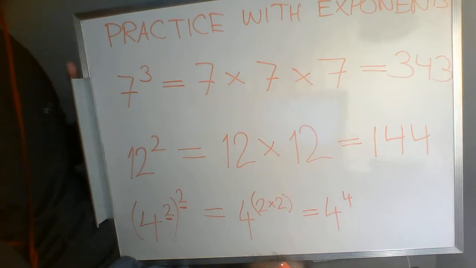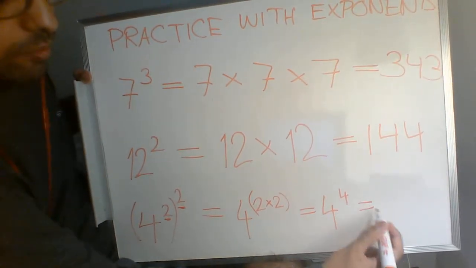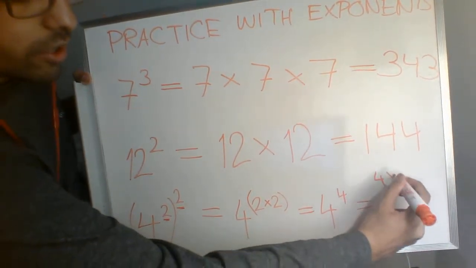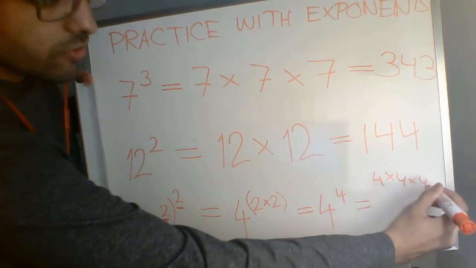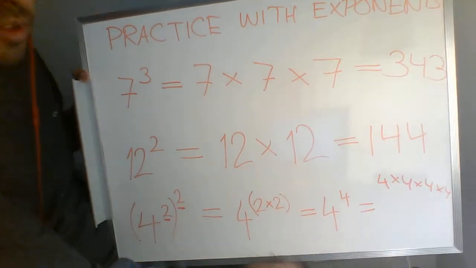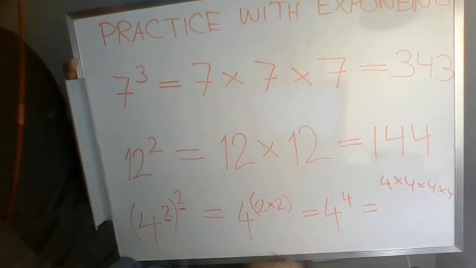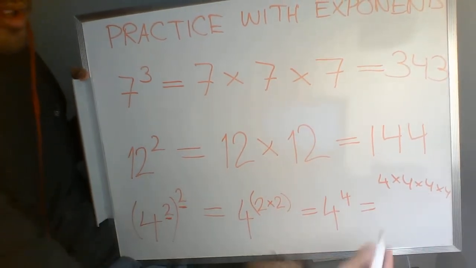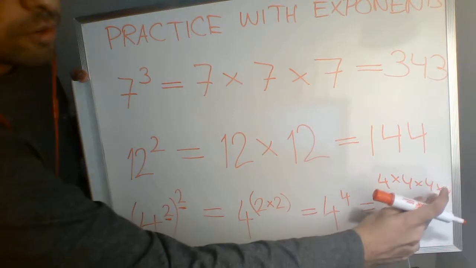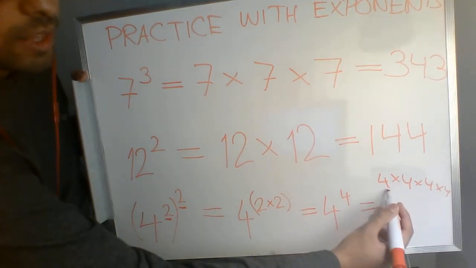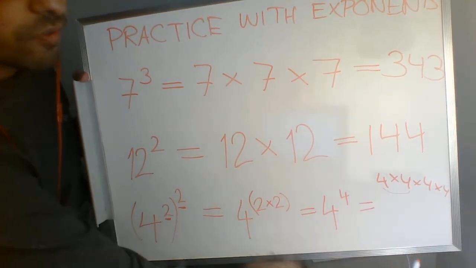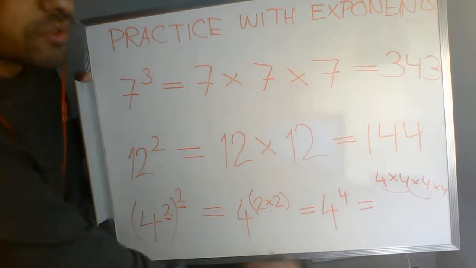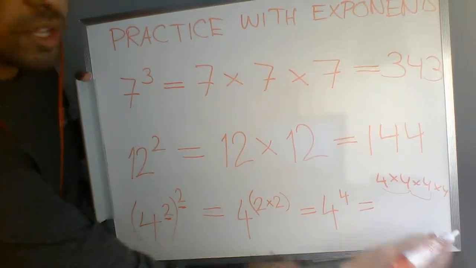And now we can go and calculate that. That'll be, I'm going to run out of space here, but that'll be 4 times 4 times 4 times 4. So we're going to multiply 4 by itself a few times there. You could do this 2 ways. Your one option is that you do it as 4 times 4 is 16, times 4 is 64, and then multiply that by 4.